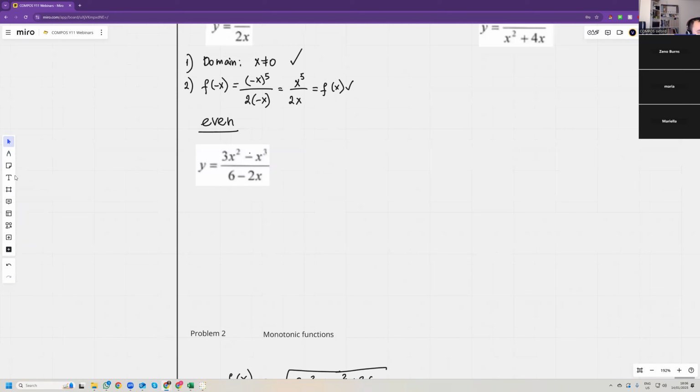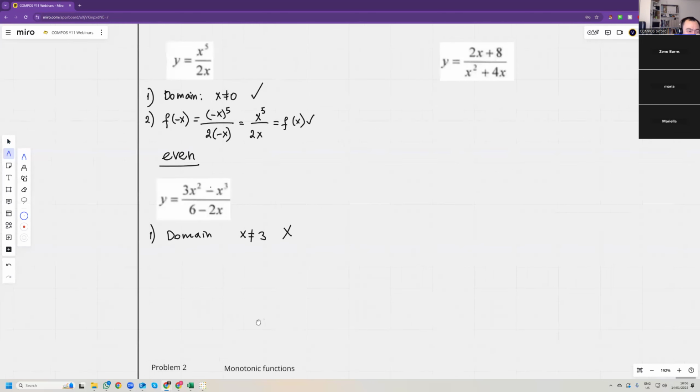Okay, so the domain: well, x is not equal to 3. It's not symmetrical, so it can't be an odd or even function by definition.